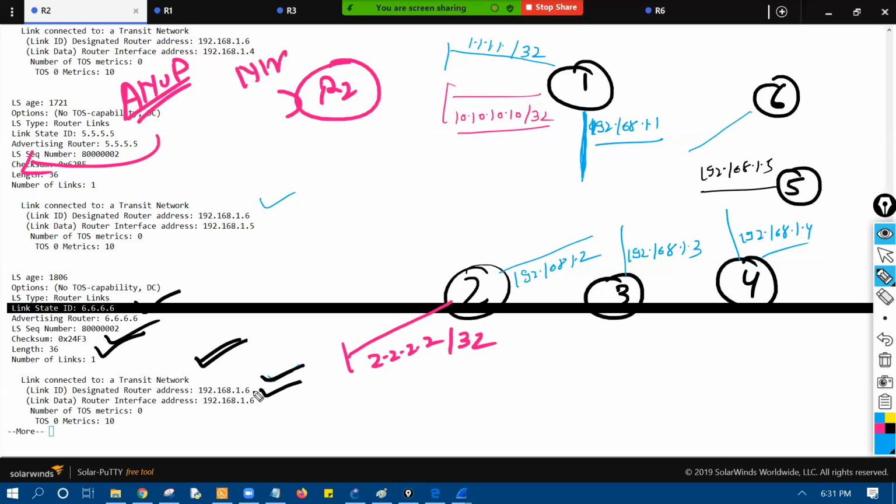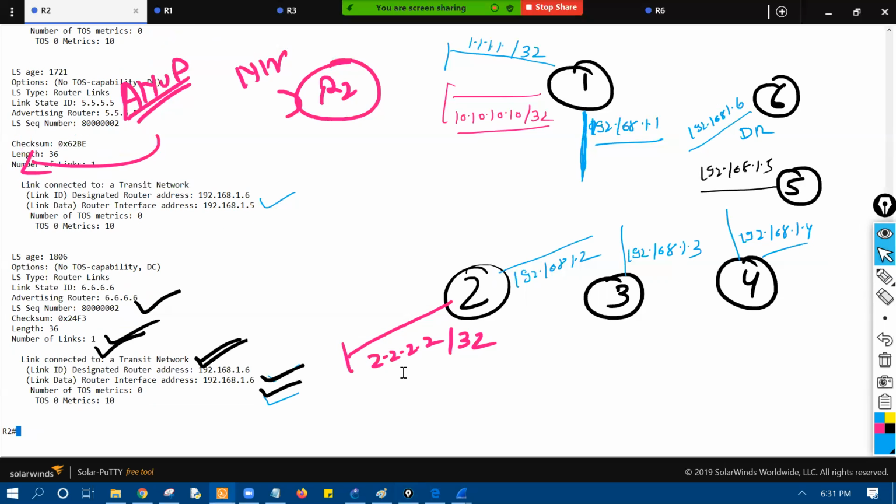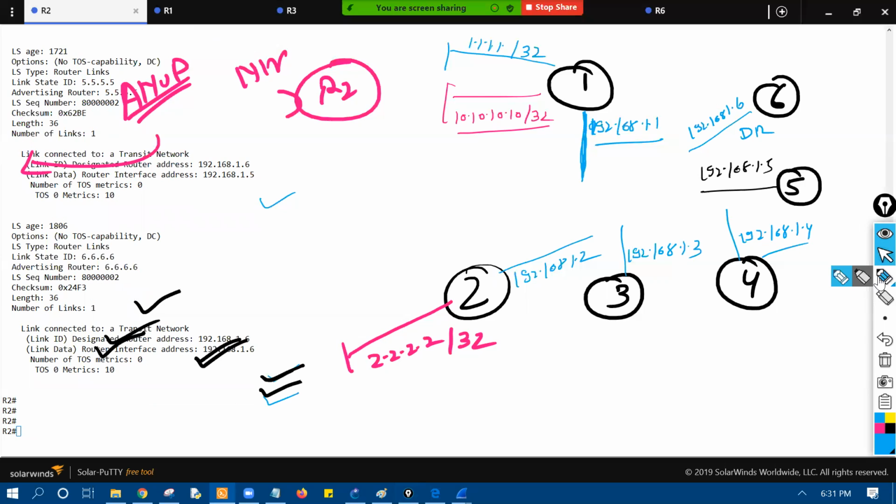Right, and this one has IP address 106, right? And this is the DR IP address. So this is the DR of this network. Any other information? No. So now your topology looks something like this.